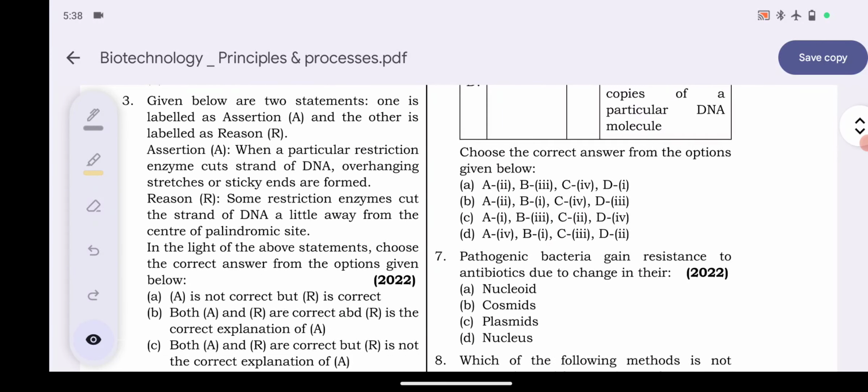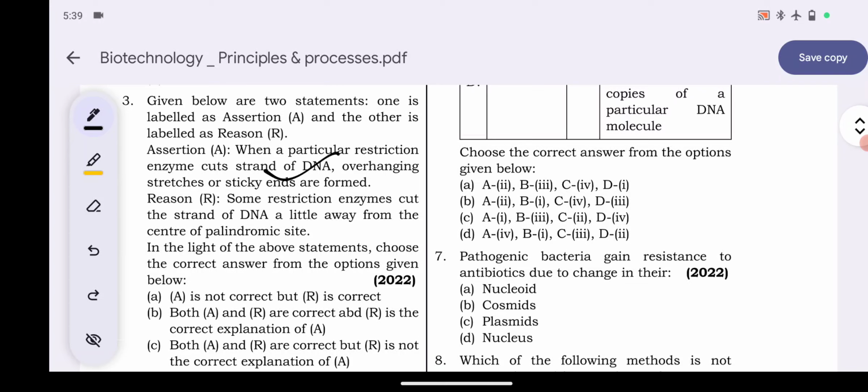Question number three. Two statements are given, you can see. Assertion-reason type questions. Assertion: when a particular restriction enzyme cuts a strand of DNA, overhanging stretches or sticky ends are formed. Correct one.